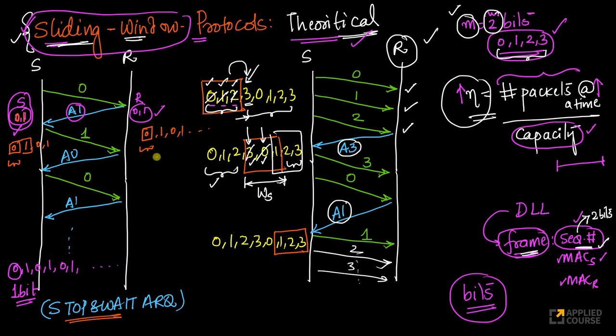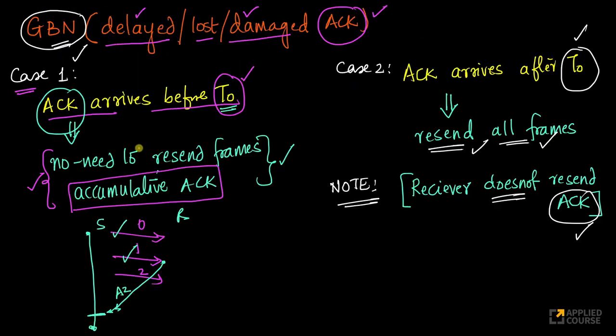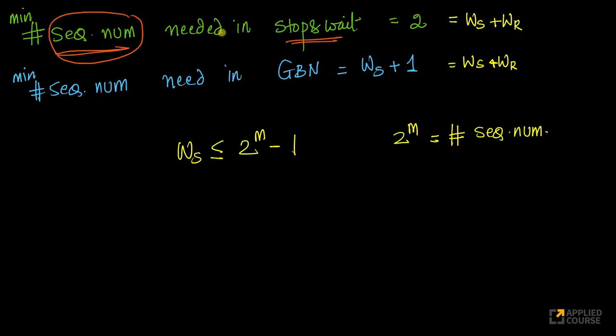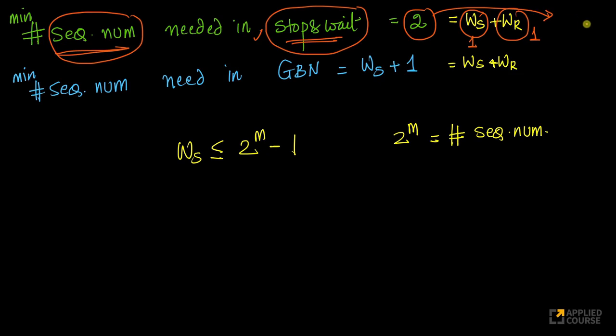So how many sequence numbers do I have? 0 and 1, only 2 sequence numbers, which means I need just 1 bit for my sequence numbers.